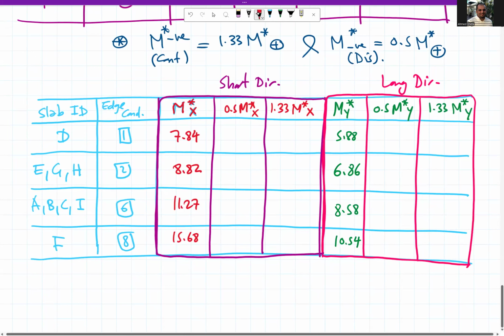Then what you will do is multiply 0.5 and 1.33 times these values. So the values are 3.92 and 10.43. Here we have 4.41 and 11.73.